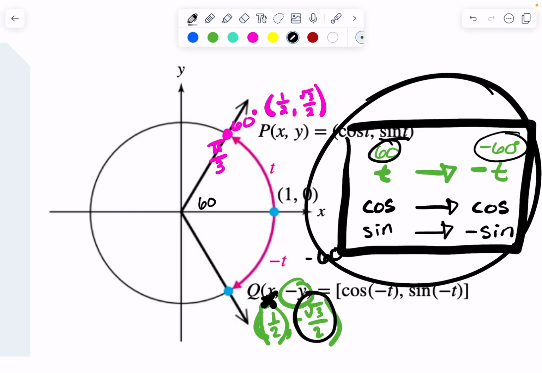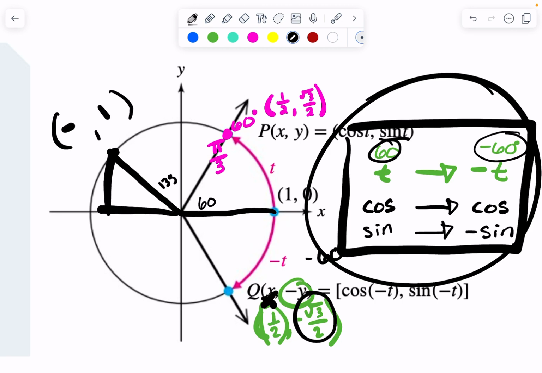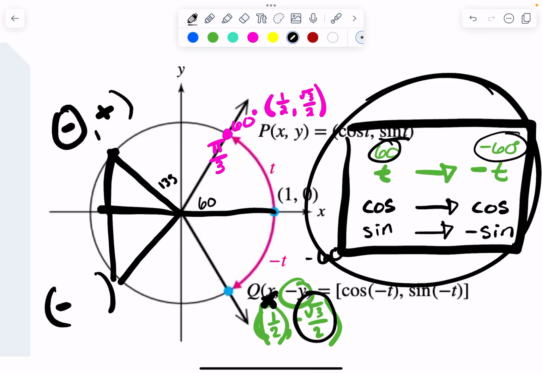Now, that works even if I'm in the second quadrant, right? If I have a 135 degree angle, this is going to be negative and this is going to be positive, right? So for the 135 degree angle, if I do the same spot but down instead, the cosine value, the x coordinate, stays, but the y coordinate, when it was sine, becomes negative sine.